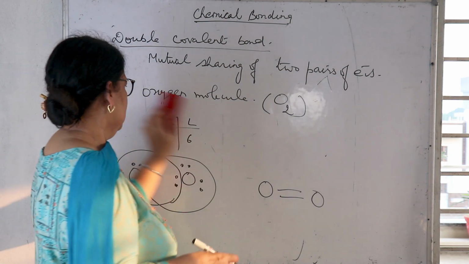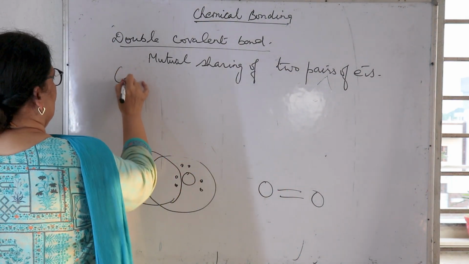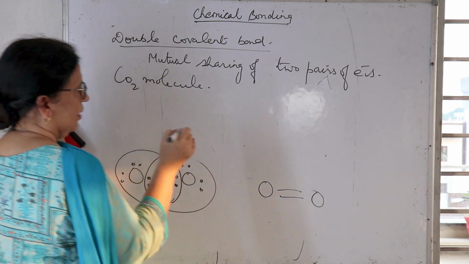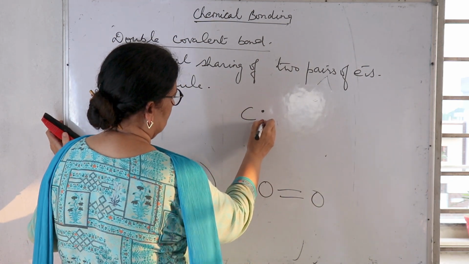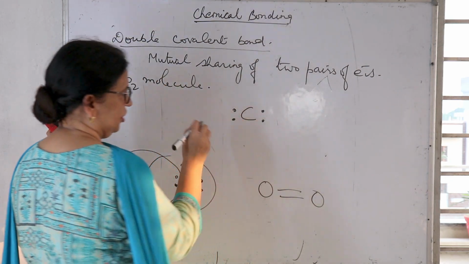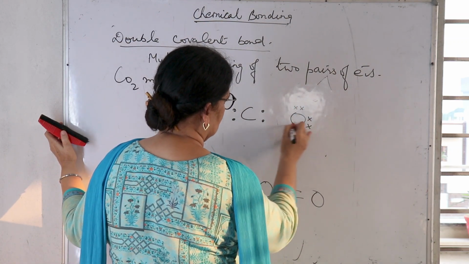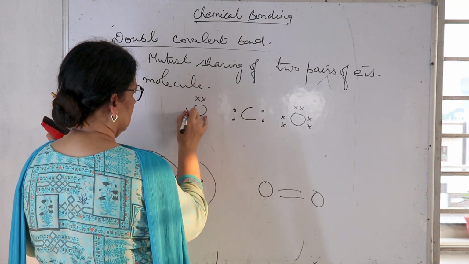Second example, that is carbon dioxide molecule. Carbon that is having 4 electrons in the outermost shell, and oxygen that is having 6. Another oxygen that is also having 6.